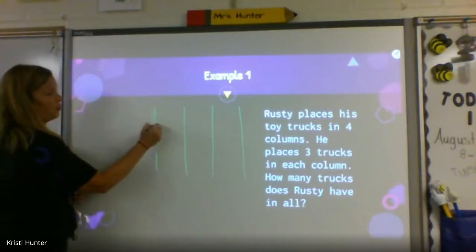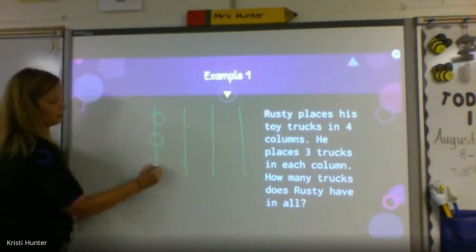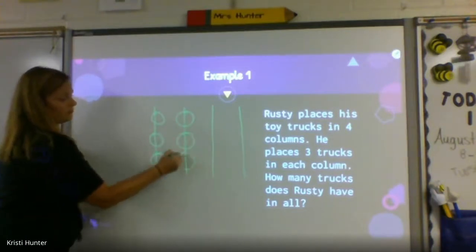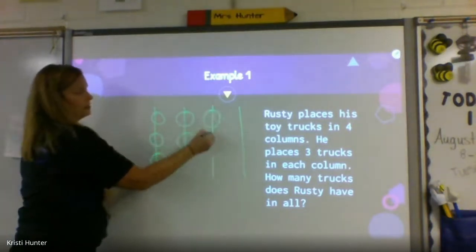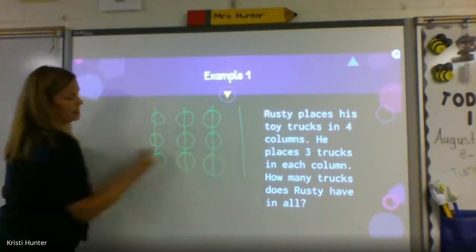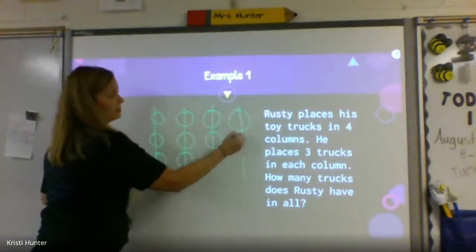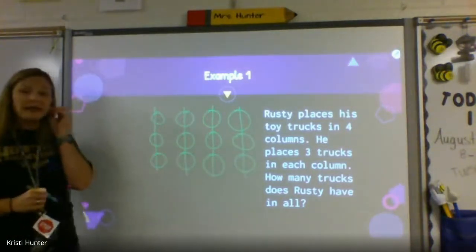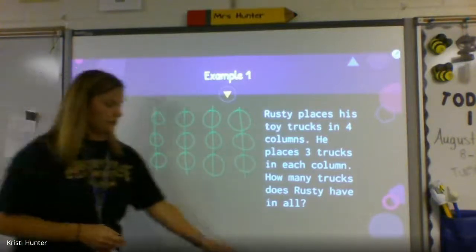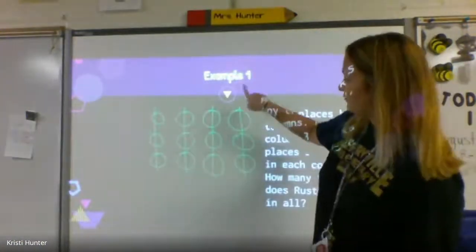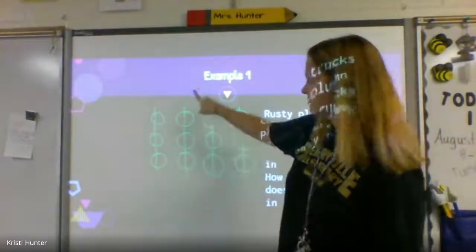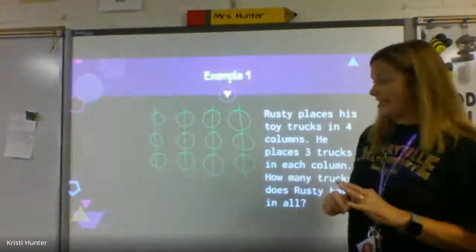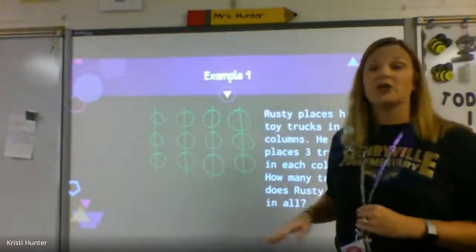So we're going to go 1, 2, 3, 1, 2, 3, 1, 2, 3, 1, 2, 3. So now I've made my array. Okay? So I did 4 columns. And in each column, I drew 3 trucks. My trucks don't look like trucks.